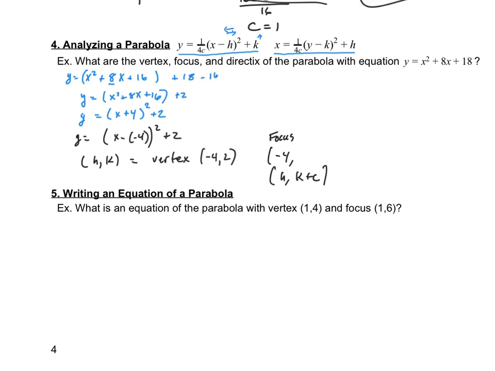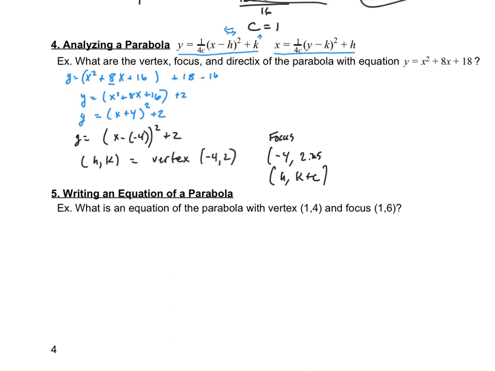Okay, so my focus is going to be h comma k plus c. We know that h is -4, k we determined is 2, and c is going to be 0.25.